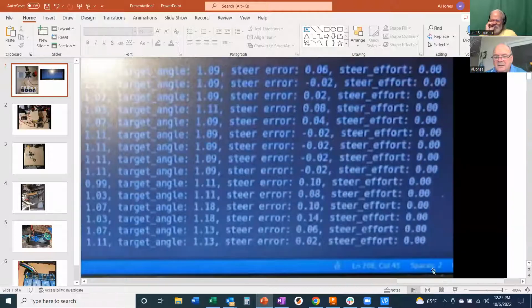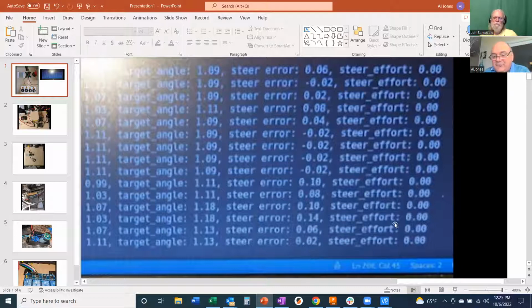And the errors I was getting was less than half of a degree. So there would be one there that would be 1 degree. At 0.1 is obviously a tenth of a degree.